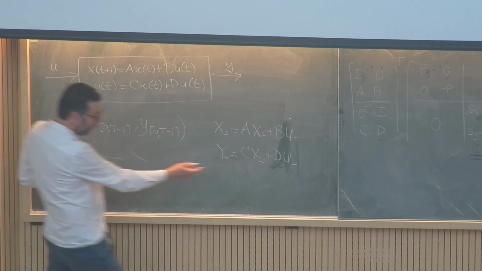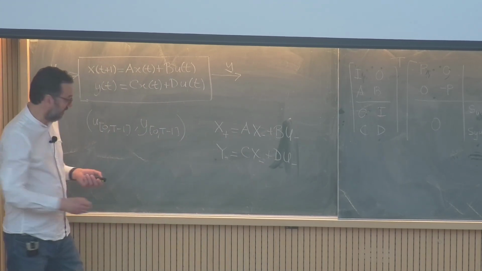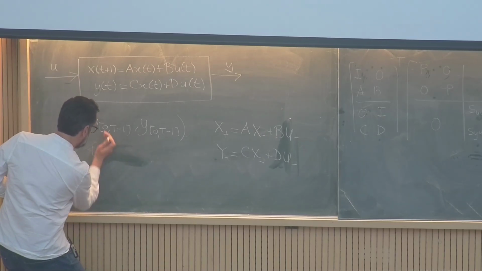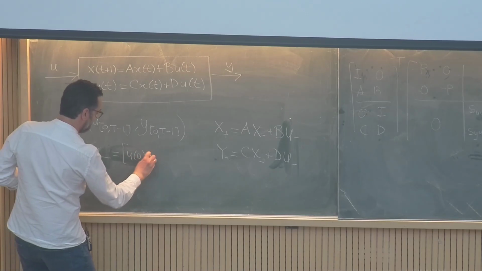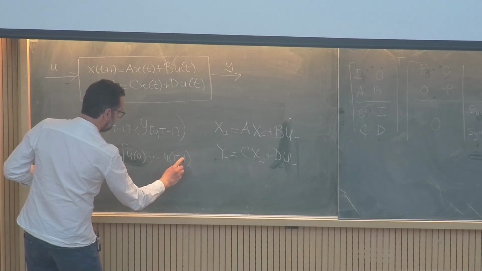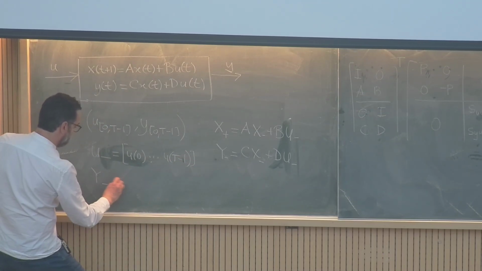I'm going to take U minus and Y minus as we defined before. U minus is this matrix. And Y minus is this matrix.